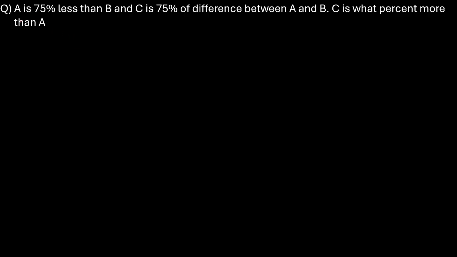here we have another question. A is 75% less than B and C is 75% of the difference between A and B. This is important, guys. C is what percent more than A? Look at this question, guys.